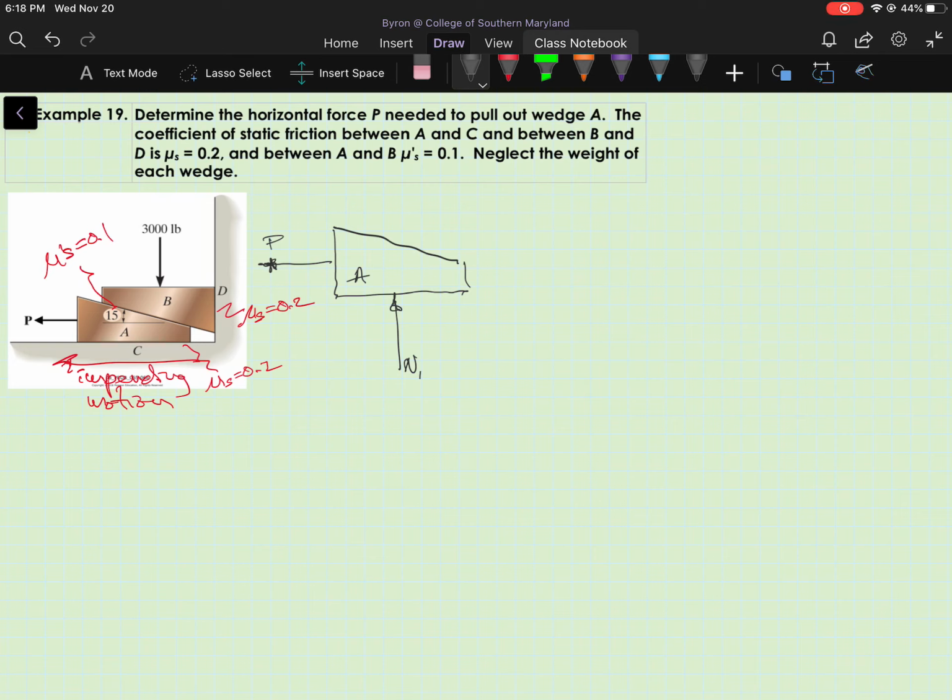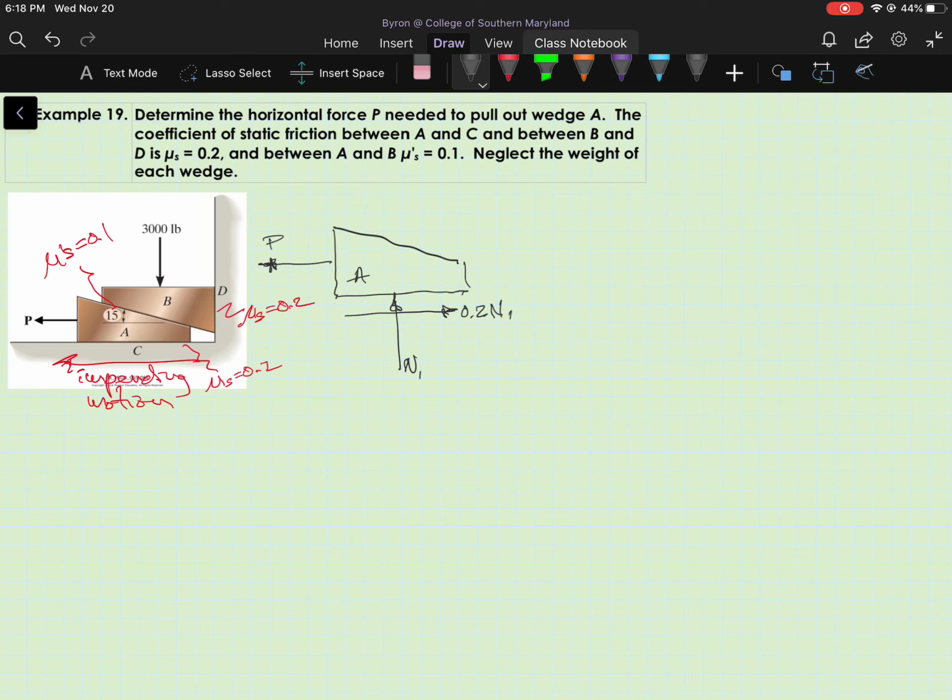We're trying to find the force P when the block is just starting to move to the left, impending motion. So I know that the limiting static frictional force acts to the right, and that is equal to mu sub s times N sub 1.